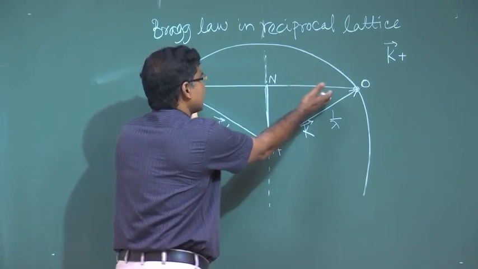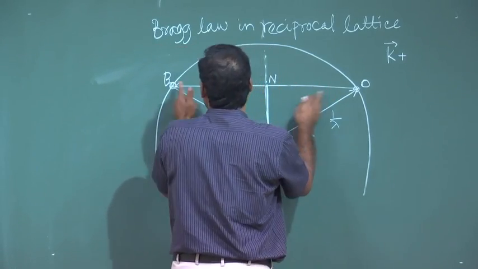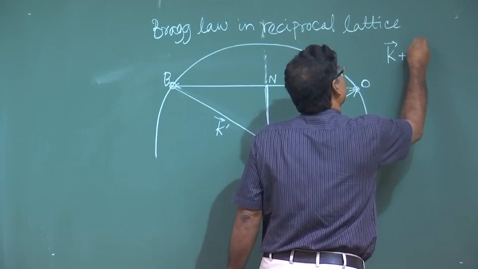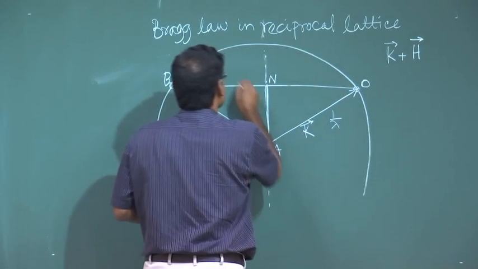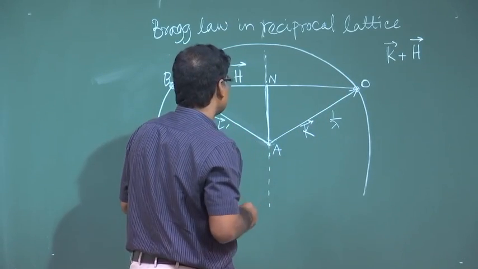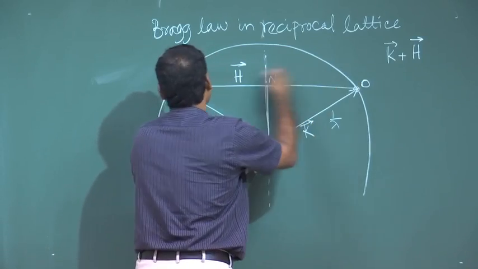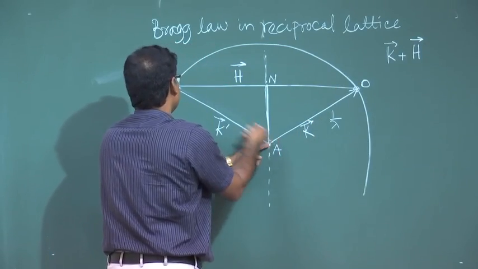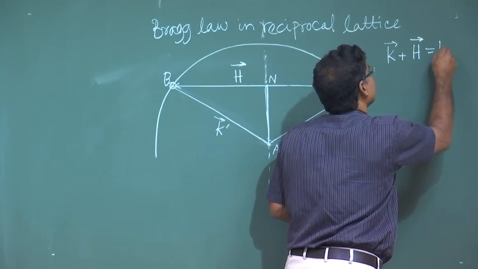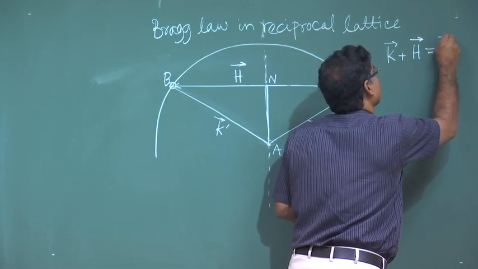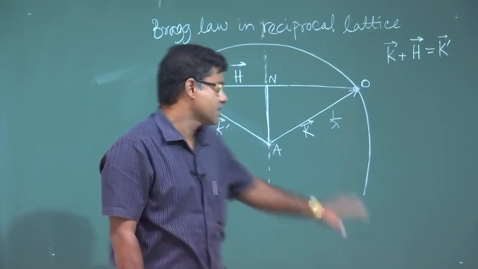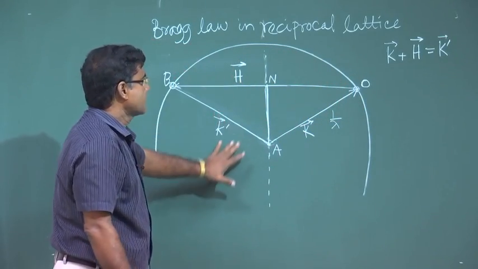So, OB is basically H. So, this H vector plus this will be equal to k dash. That we can write from this Ewald construction.